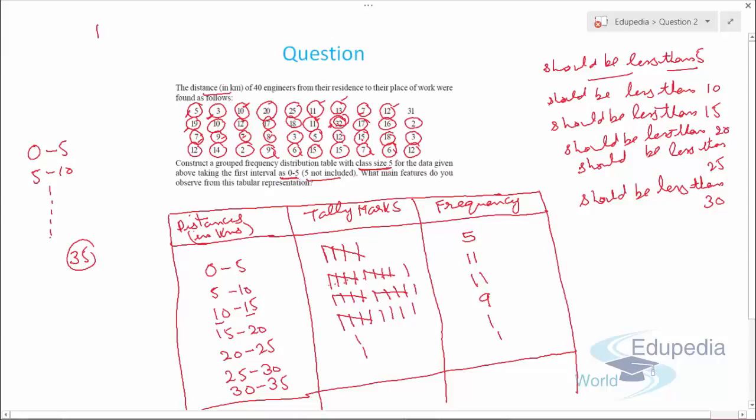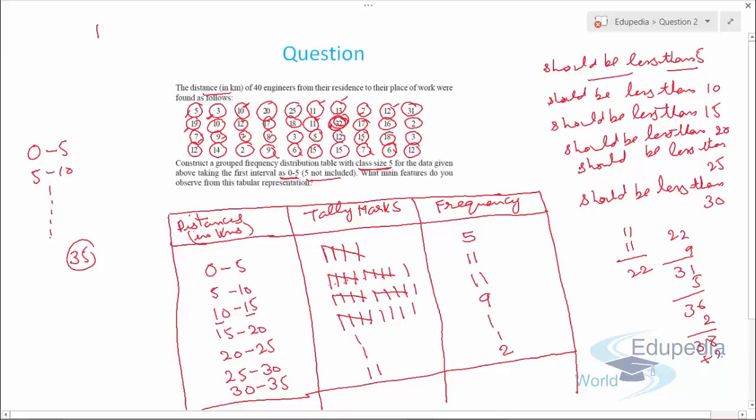right? Let's say we can search properly again. So we have two values, 31 and 32, so we have 2 tally marks and frequency as 2. Now when we add this, it should come out as 40. It's a check that we have drawn the distribution table correctly. So 11 plus 11 is 22. 22 plus 9 is 31. 31 plus 5 is 36. 36 plus 2 is 38.